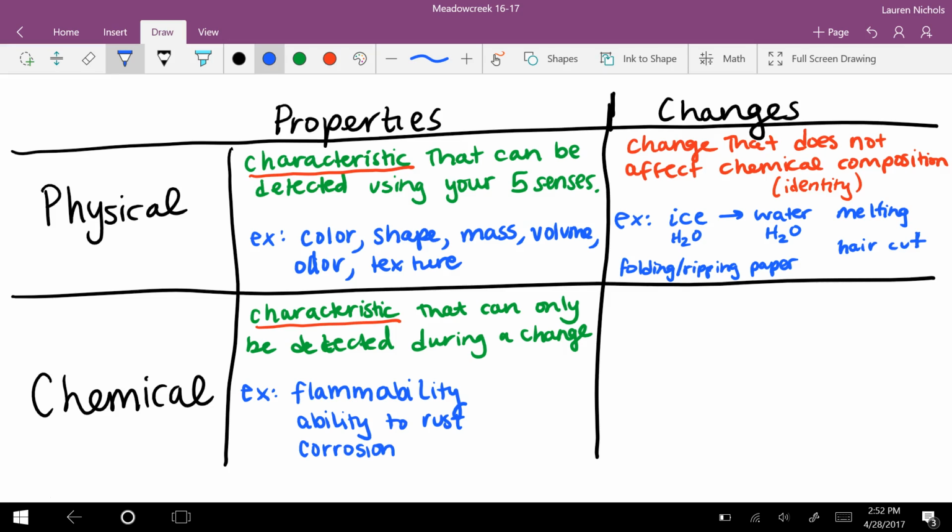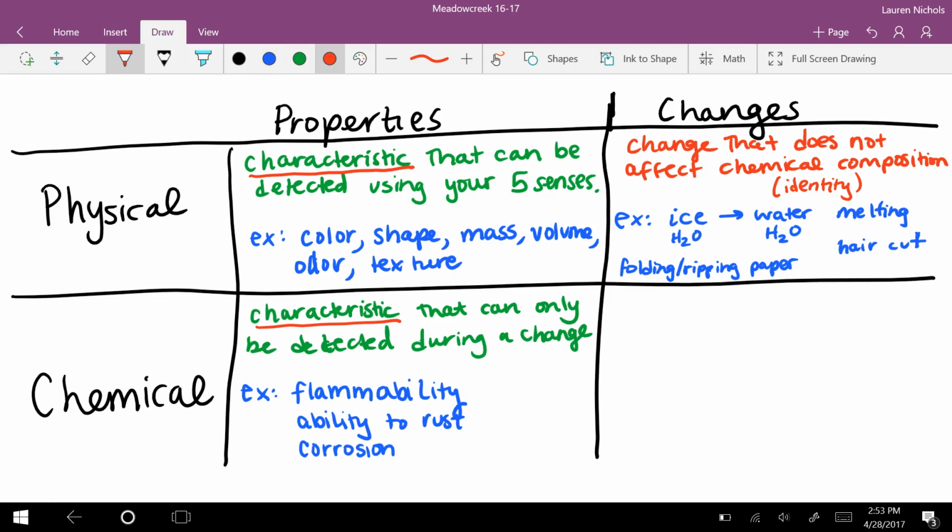I can freeze something that has been melted. But if I rip the piece of paper, I can't put those two pieces back together now without tape, so it's still changed. A haircut: if I ask for a trim and they cut off 10 inches of my hair and I'm now bald, I can't do anything about that. I have to let it grow out. I can't reverse what they did.